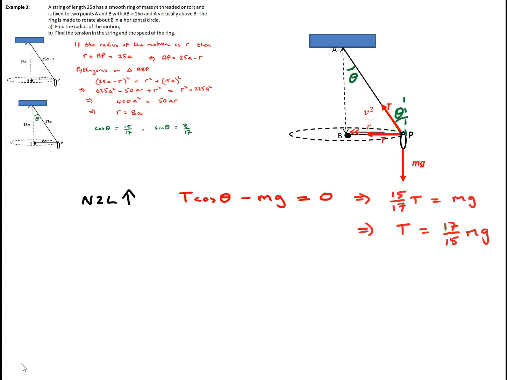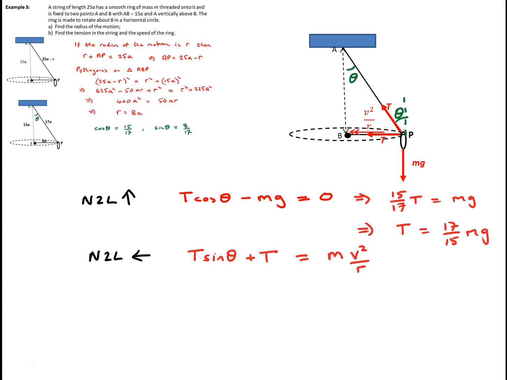If we apply Newton's second law towards the centre of the circle, then we've got a component of T sine theta to the left from the element AP of the string, plus T from BP, and the resultant force must equal m times v squared over r.